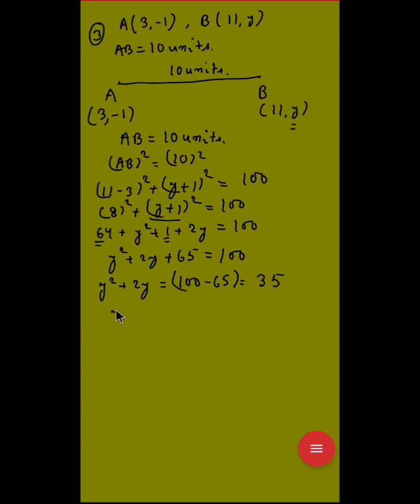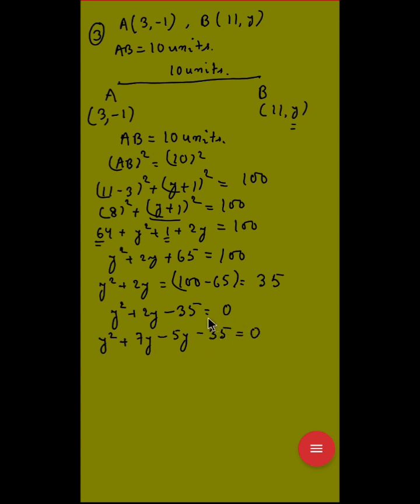So we have an equation of y squared plus 2y minus 35 is equal to 0. Now we are going to use middle term split factorization. So we write y squared plus 7y minus 5y minus 35 is equal to 0.